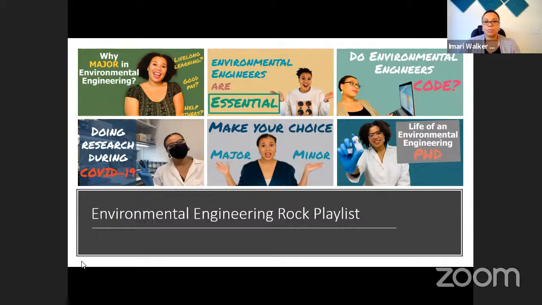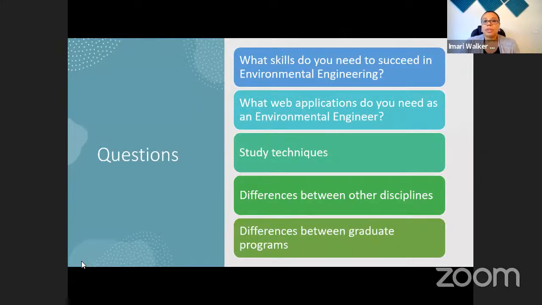So first, I've separated a few of the questions that I've received over the past year into: one, what kind of skills do you need to be an environmental engineer? Two, what kinds of web applications do you need as an environmental engineer? And then three, how do you study?